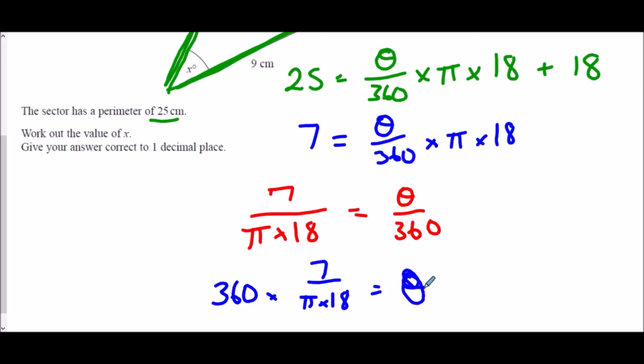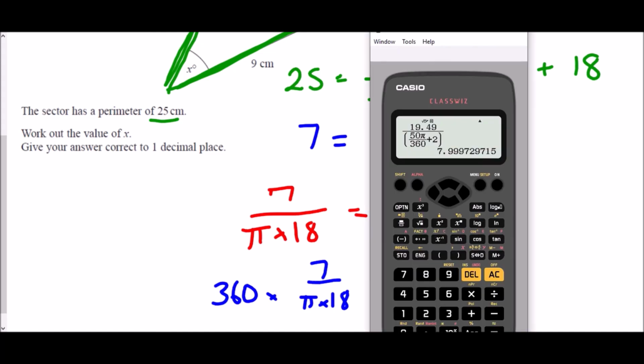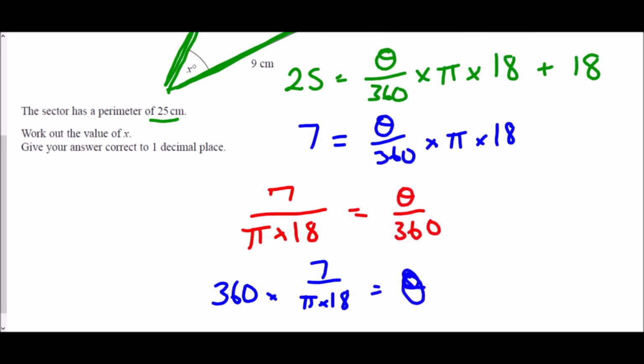And so we'll just type that straight into our calculator. 360 times 7 over pi times 18. And it is 44.56. Now it asks for one decimal place, so 44.6. Theta is 44.6 degrees. Done.